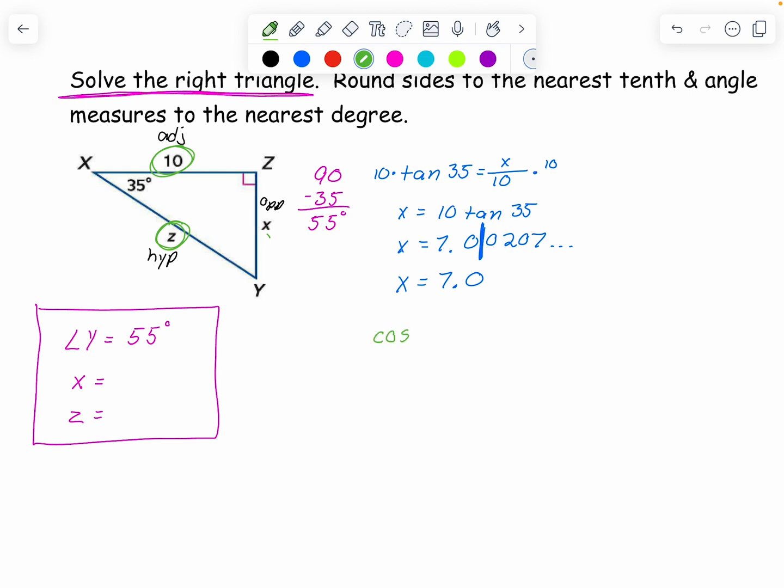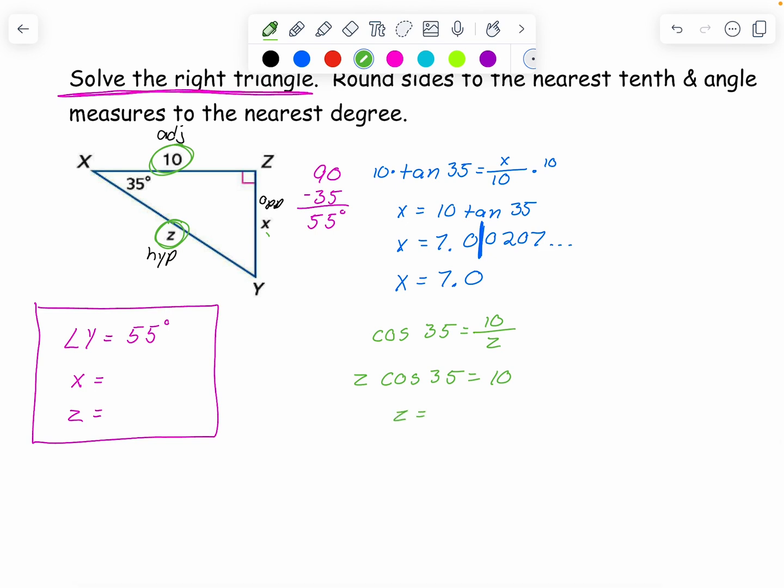So if I do that, then I'm doing cosine of 35 equals my adjacent, which is 10, over my hypotenuse, which is z. So that means I need to multiply both sides by z, which gives me z times cosine 35 equals 10. And then I need to divide by cosine 35.